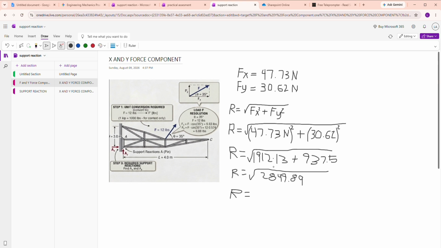After adding these two values, we can now proceed to the square root. And the square root of 2849.89 is 53.38 Newton.